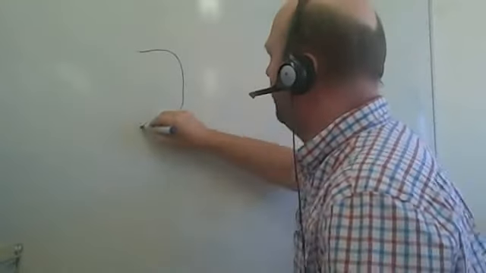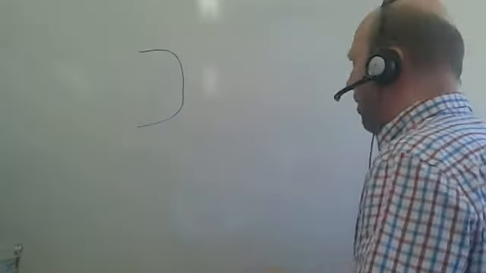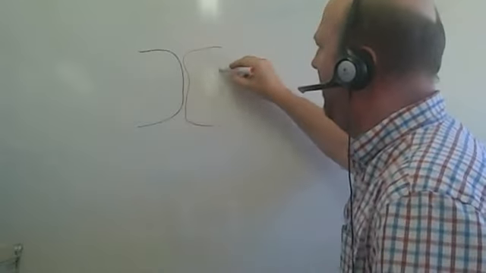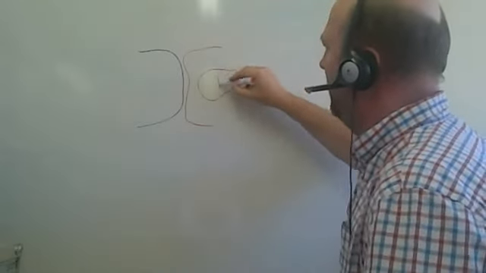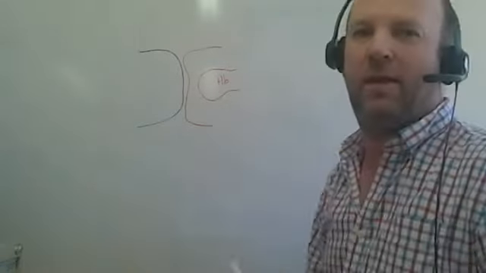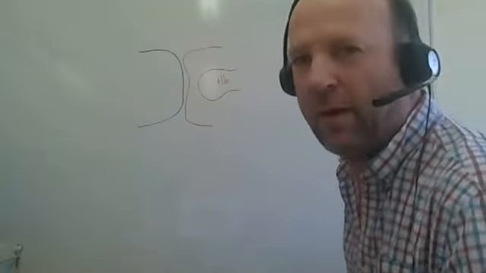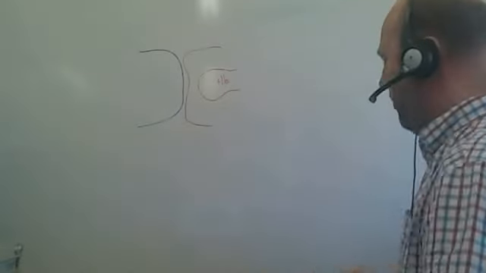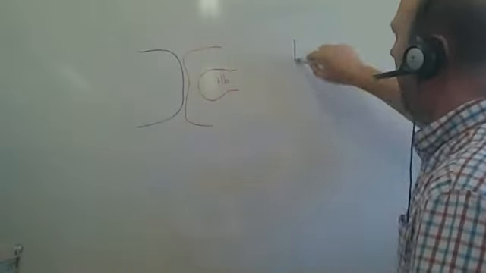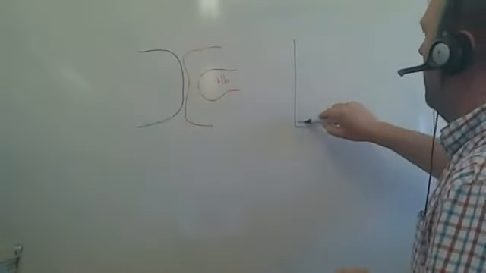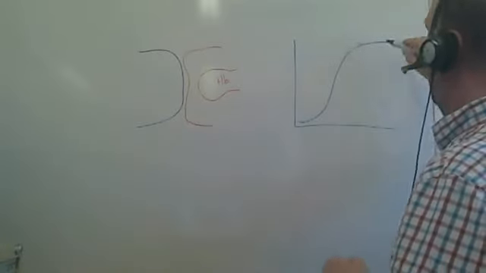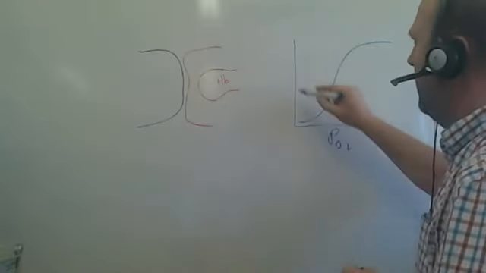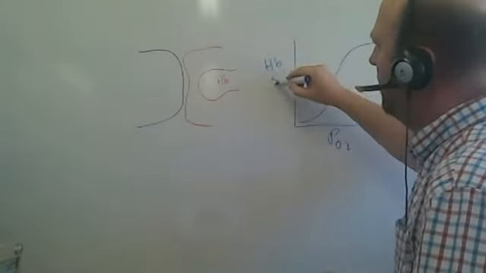Here's our alveoli, and then always we'll do the capillary here in red, and here's a red blood cell with its hemoglobin here in the capillary passing by. Also at the same time, we'll look and see what's happening here with your PO2 hemoglobin saturation curve.